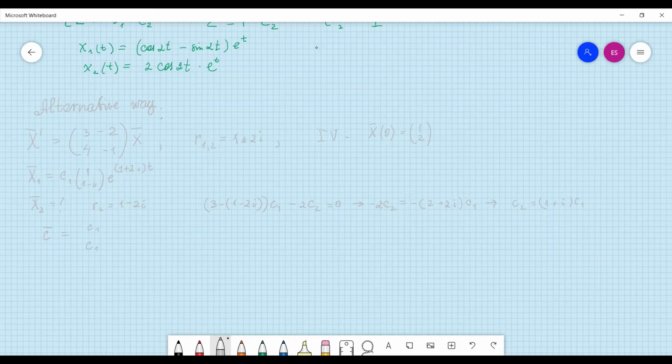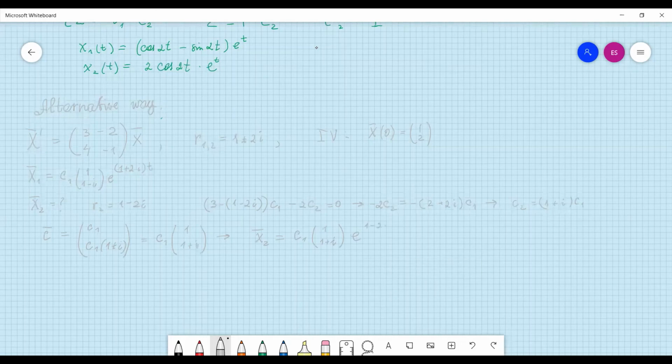C1, (1 plus i), right? And I'm going to take c1 outside just to separate the arbitrary number from something which is not arbitrary. And if you compare it to my original vector, I'm going to write it down as vector x2 now, copying this. I'm going to copy c1, but actually we understand that for the second vector, we have to use a different constant, c2, times e to the power of (1 minus 2i)t, because we are using this eigenvalue, right?